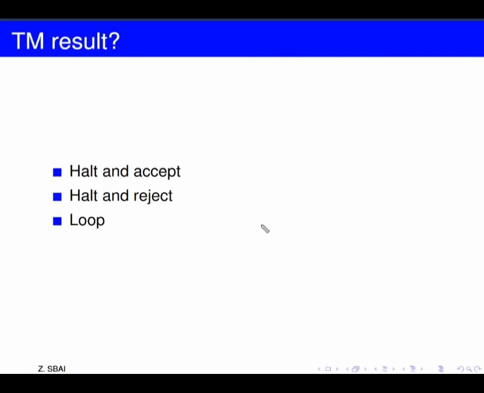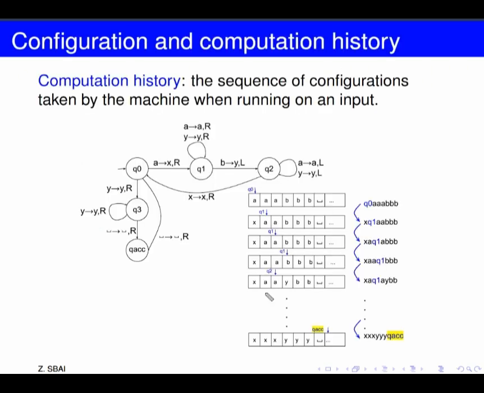Until now, we saw examples on which Turing machines halt, either with accept or reject decision. But in general, since we have the possibility to go on the tape either right or left, the machine may loop forever. We may not have the possibility to enter a Q accept or a Q reject.